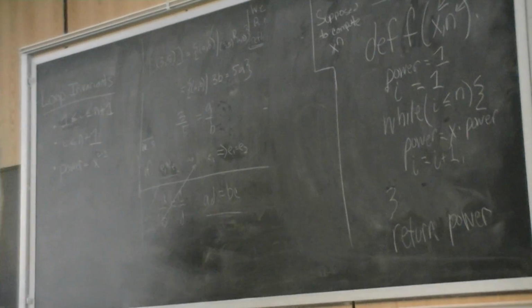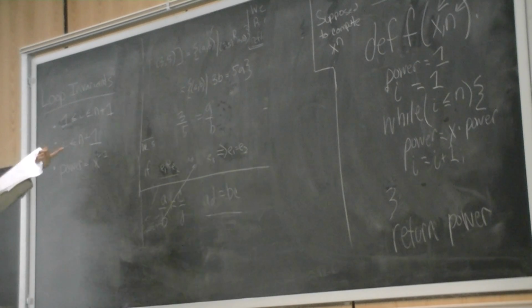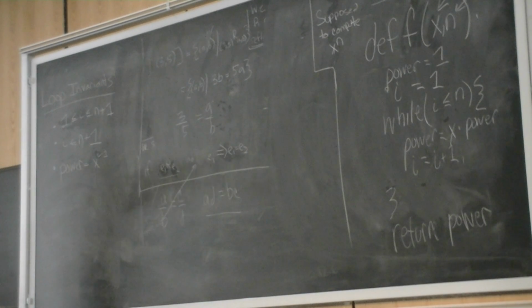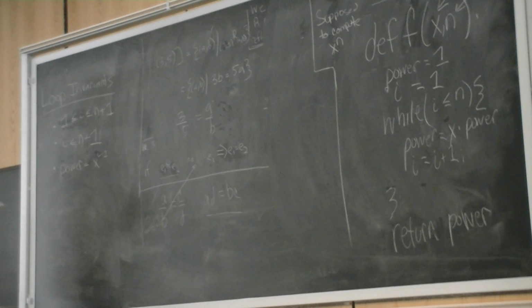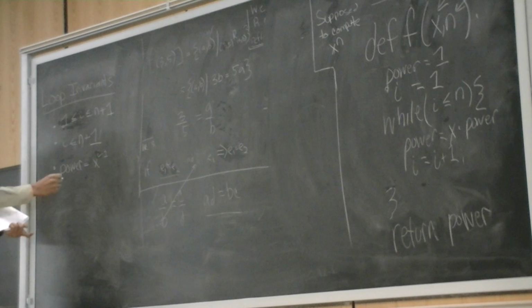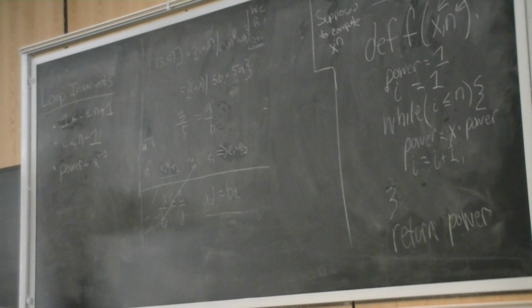So this loop is going to terminate when i is equal to n plus 1. And what does this loop invariant say that power is going to be when i is equal to n plus 1? Immediately after the loop ends, it's going to say that power is equal to x to the n, which is what we want it to say.